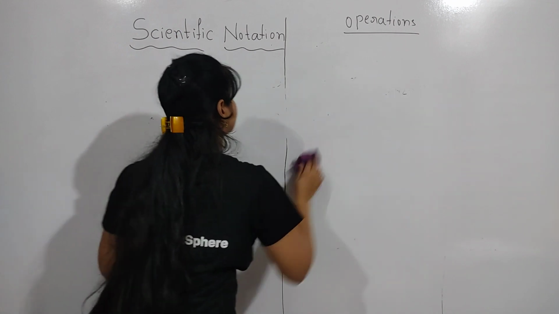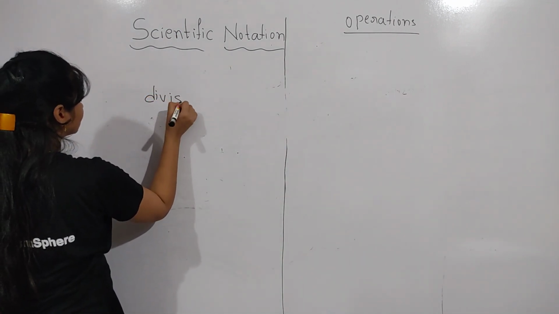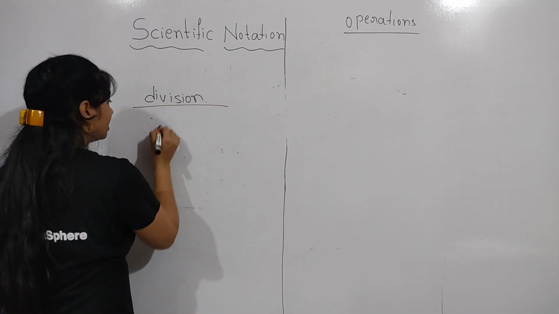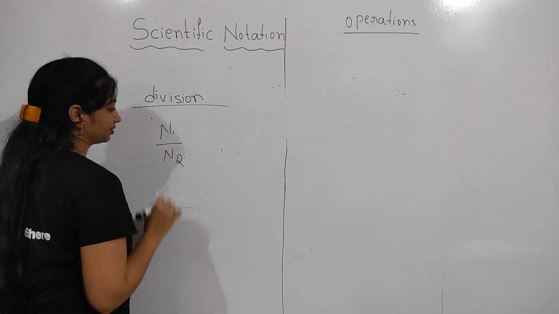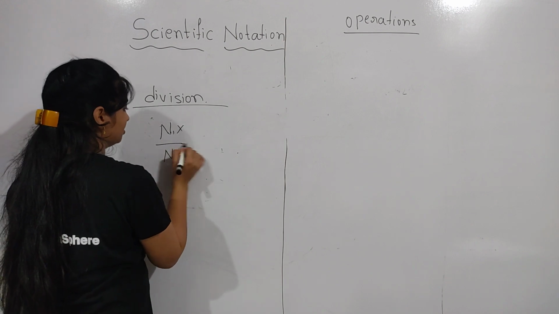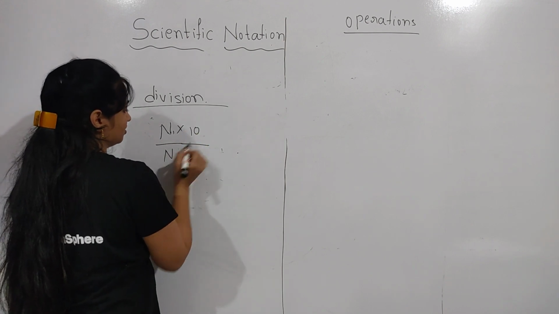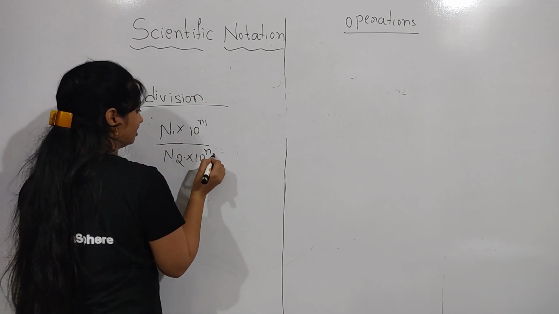In division, here also n1 divided by n2. n1 divided by n2 into 10 raised to n1 and n2.